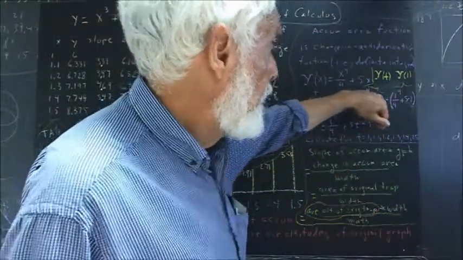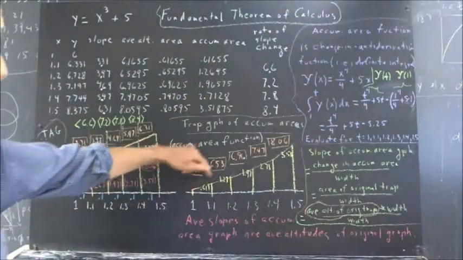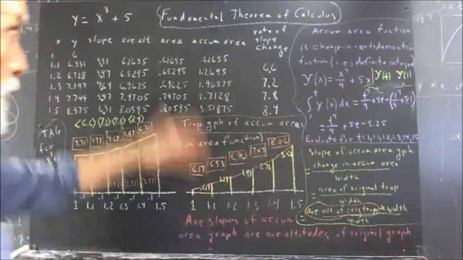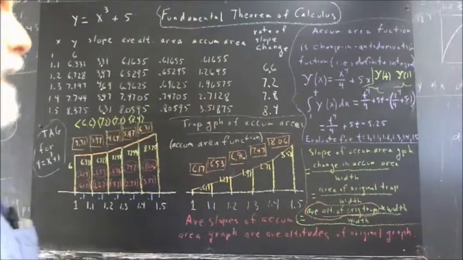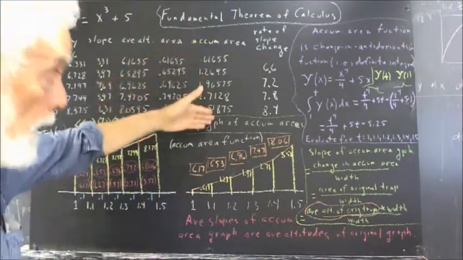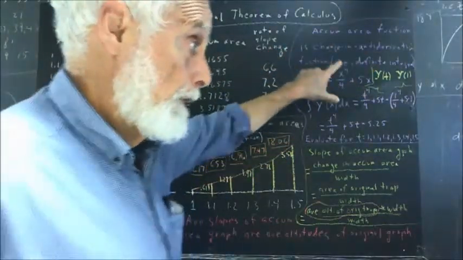If we evaluate this function for t equals 1, 1.1, 1.2 up through 1.5, we are going to get these values, or more accurately, the values on our accumulated area table here. So these values do represent the change in antiderivative values.